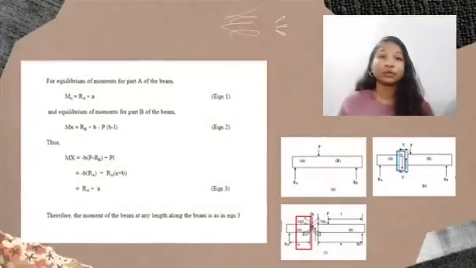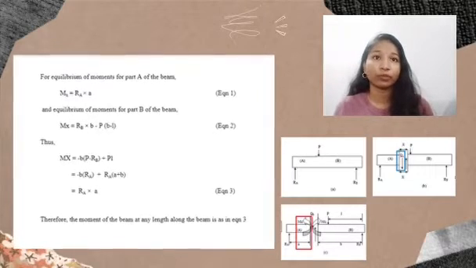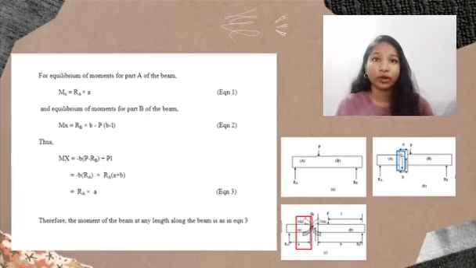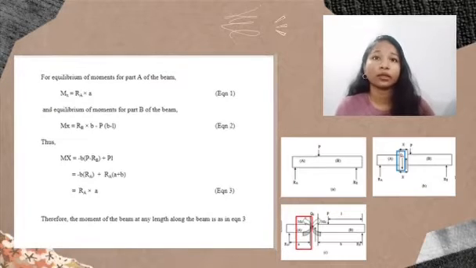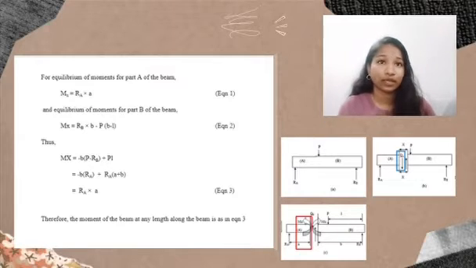For equilibrium of moments for part A of the beam, Mx equals RA times A, which is equation 1, and for equilibrium of moments for part B of the beam, Mx equals RB times B minus P in bracket B minus 1, that is the second equation.